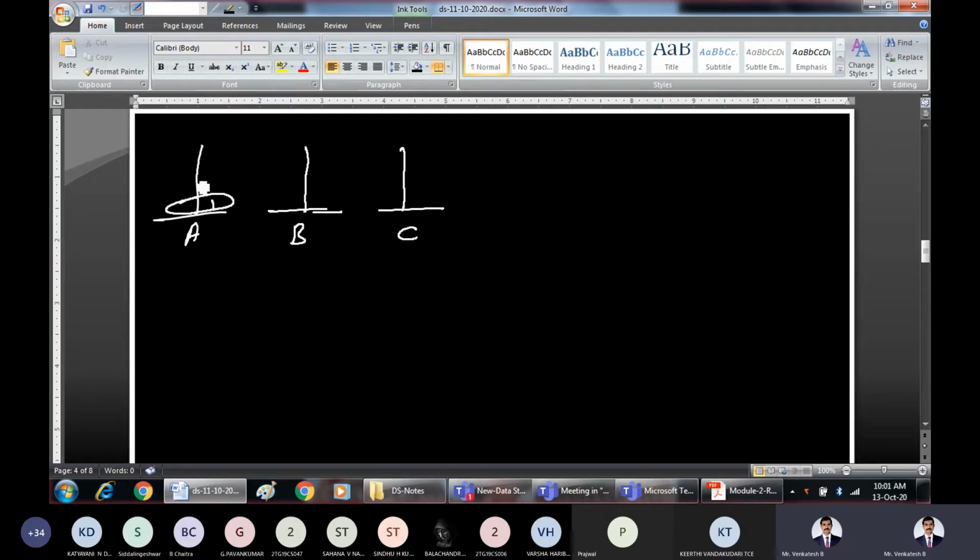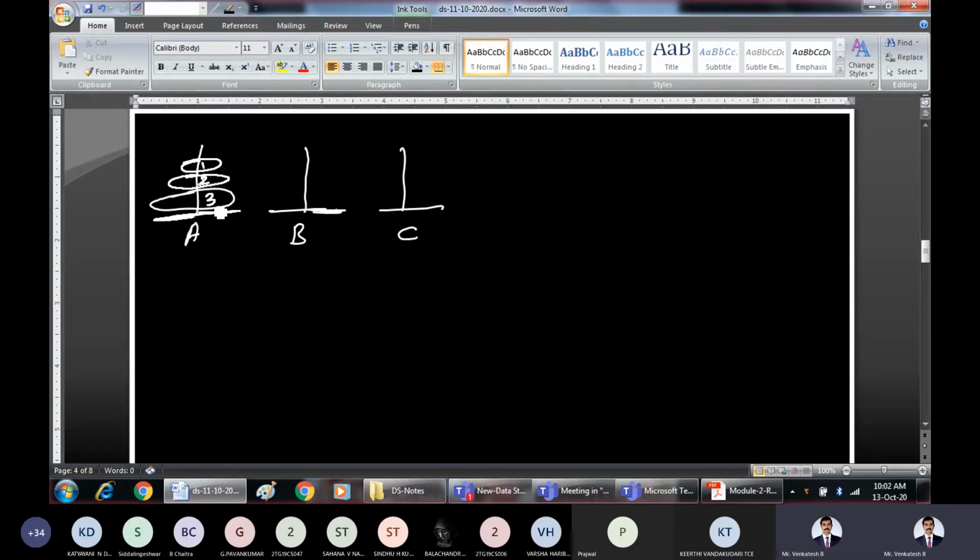This number 1, this number 2, this number, I should name them in reverse order so that it will be easy while doing movements. 1, 2, and 3.